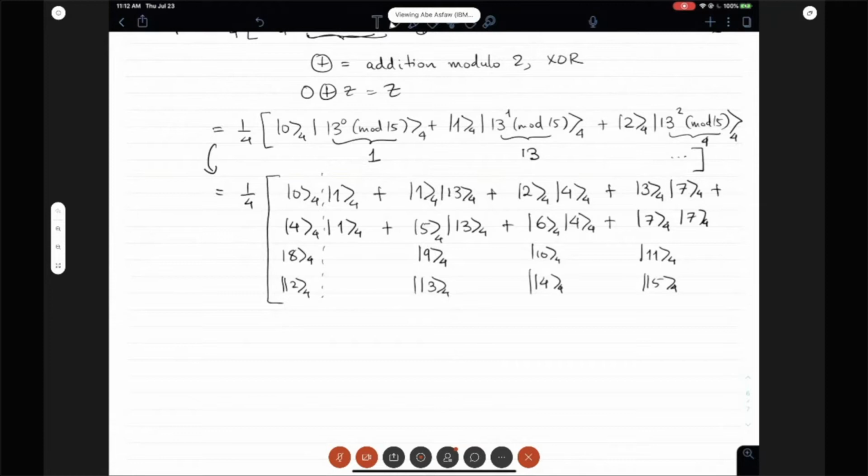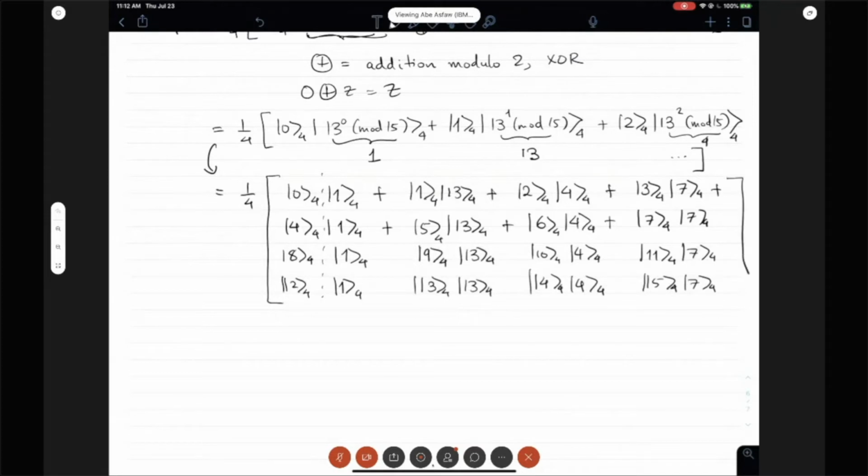And this is repeating. It's 1, 13, 4, 7, and 1, 13, 4, 7.